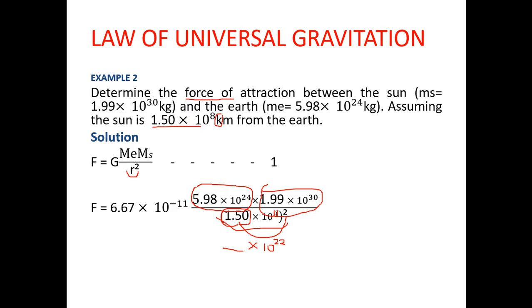If I'm squaring 1.5, I will have 2.25. So this becomes 2.25 times 10 to the power 22. Alright, for the numerator, everything on top, you multiply it and then divide by what you have in the denominator and simplify.